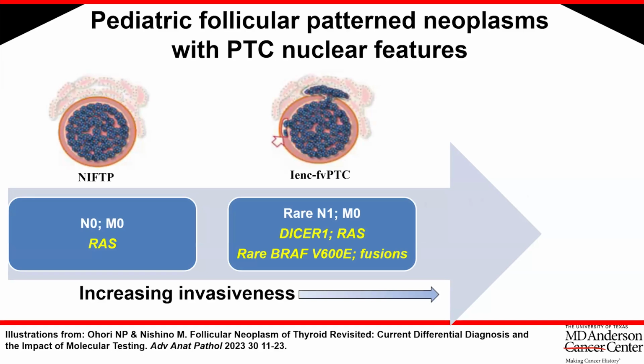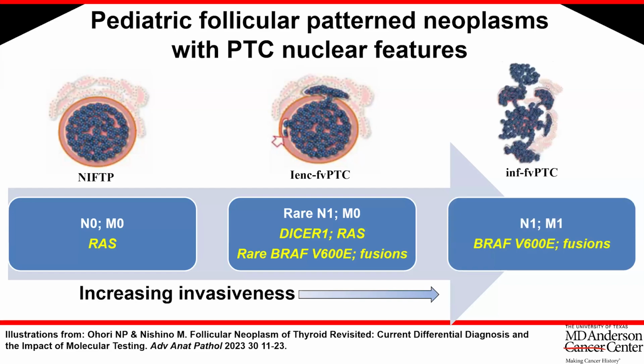In this cohort, there was one who had N1A disease. And we don't see distant metastases. These tumors are primarily also associated with RAS, but at least in this study, we have seen DICER1 alterations. And then there were very rare ones. I think there was one patient each with a BRAF V600E and one with an interesting ALK fusion.